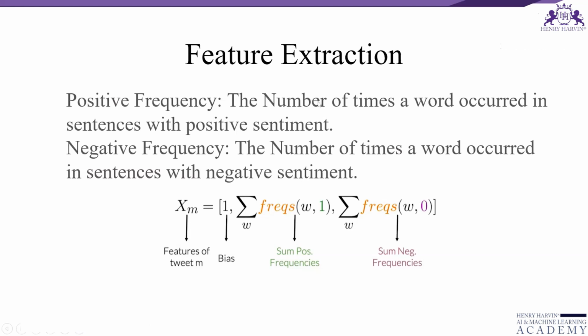Like in the feature extraction, the positive frequency means what? The number of times a word occurred in sentences with a positive sentiment, and the negative frequency is the number of times a word occurred in sentences with a negative sentiment, right? So a frequency dictionary keeps track of the positive and negative frequencies of each word in the data, right?